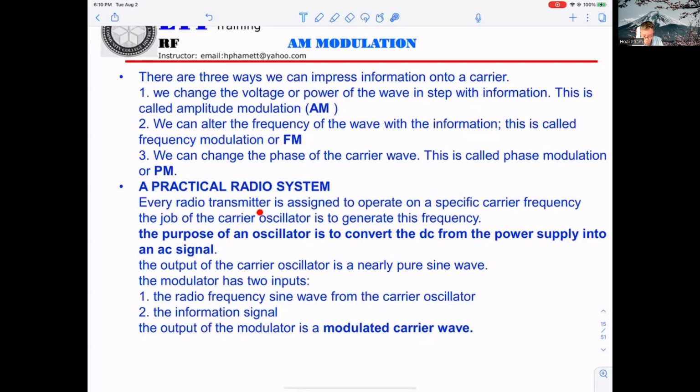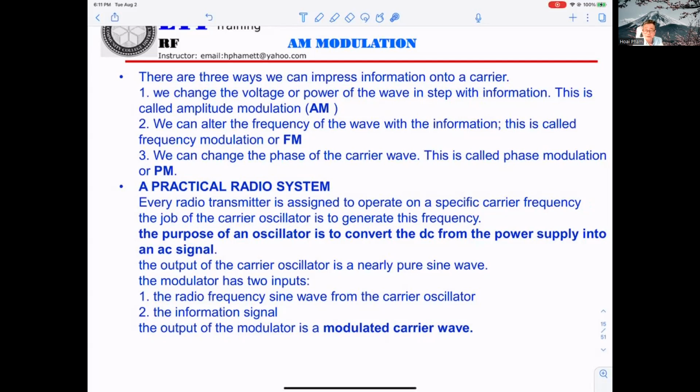Every radio transmitter is assigned to operate on a specific carrier frequency. The job of the carrier oscillator is to generate this frequency.